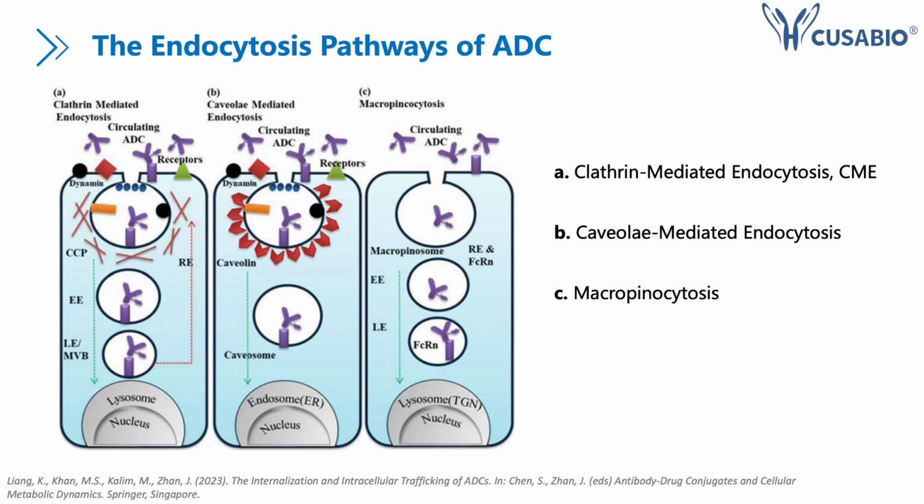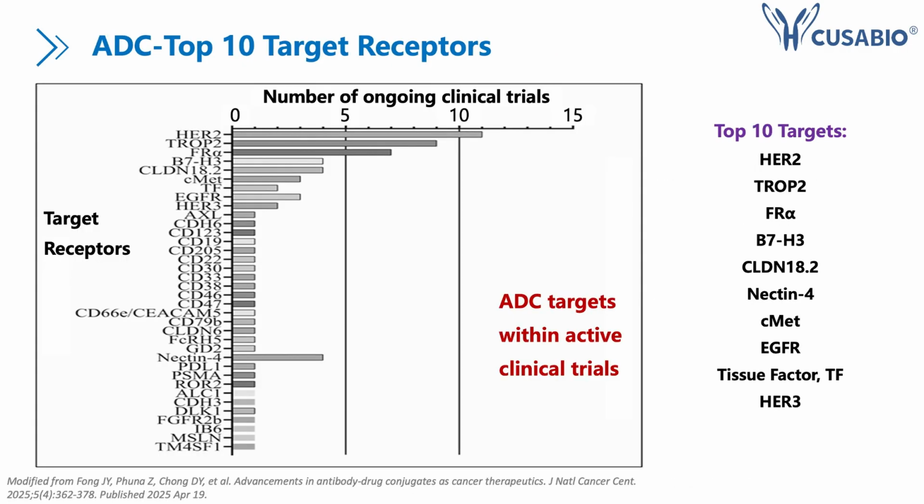Also, if we go back to the target receptors for ADC discovery, here is a summary of the ADC targets from active clinical trials. I summarize the top 10 targets that you will find in active clinical trials.